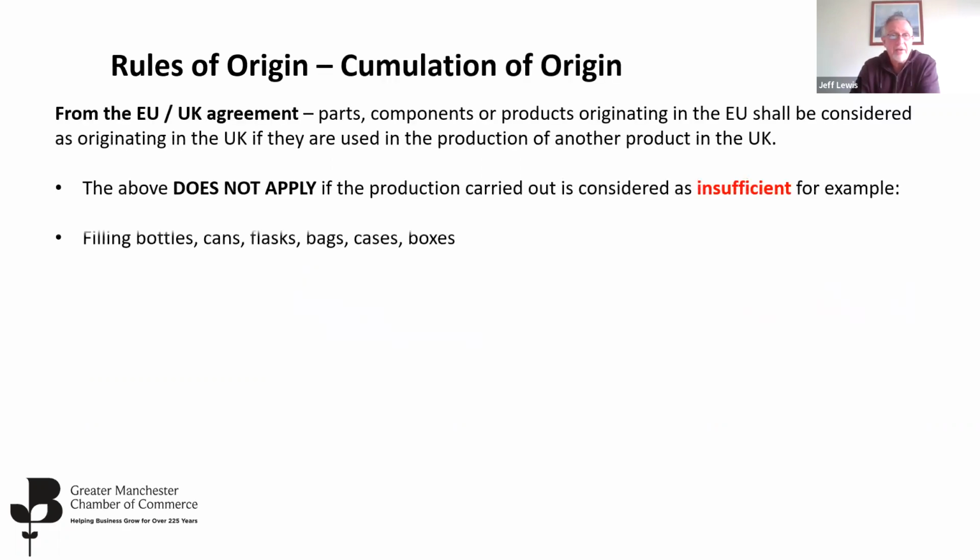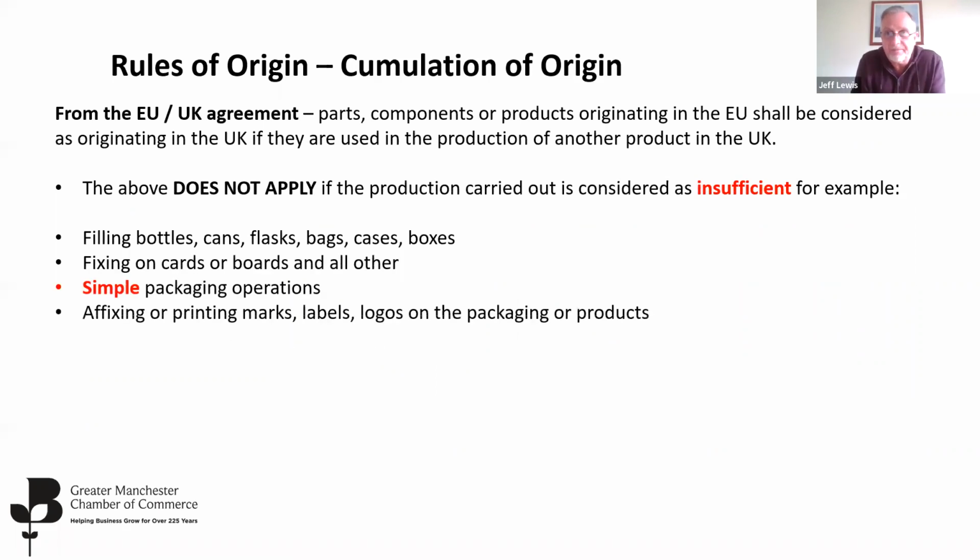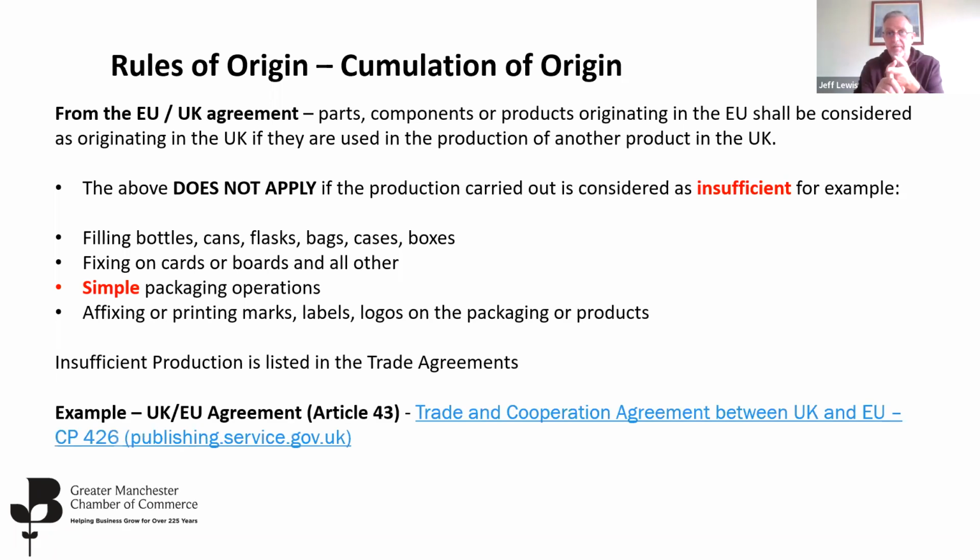Okay, finally, just on this section, we have what is known as cumulation. So we've had wholly obtained, we've had substantial transformation on non-originating materials, we've had a maximum non-originating material allowance. But within the trade agreements, we also have cumulation. And cumulation is where components from the country we have a trade agreement with.